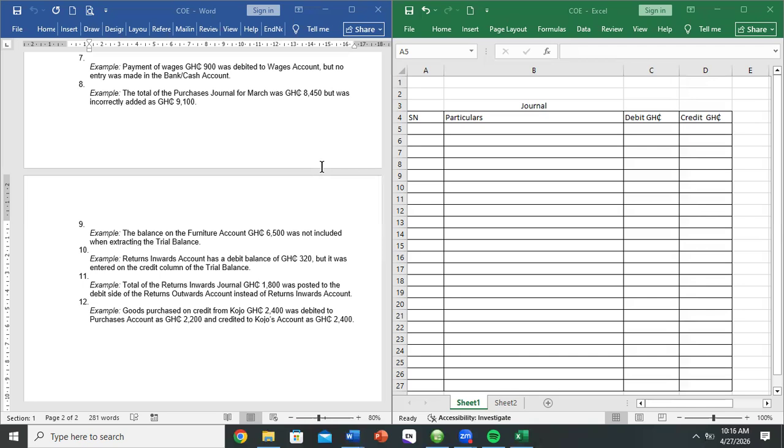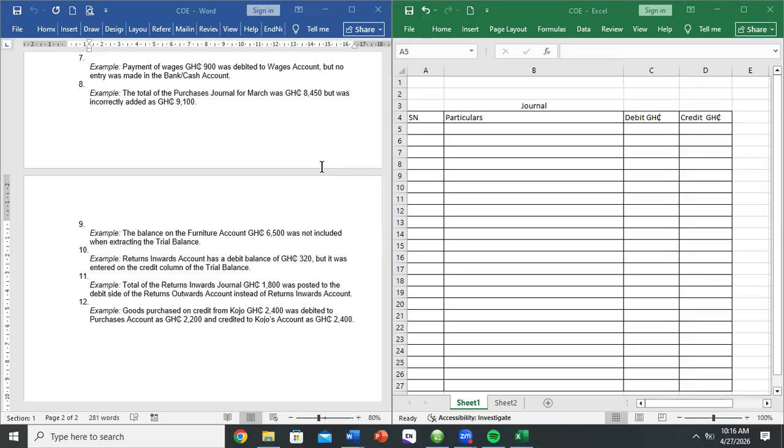But in the first one, you will see that it says sold goods to Kofi. So if there was no mention of whether they received cash or check, then it means it was a credit sale. That's why the name of the customer or debtor is in there. If the transaction was on cash or check basis and they give the name of the customer, they would have to add maybe received check or paid cash.